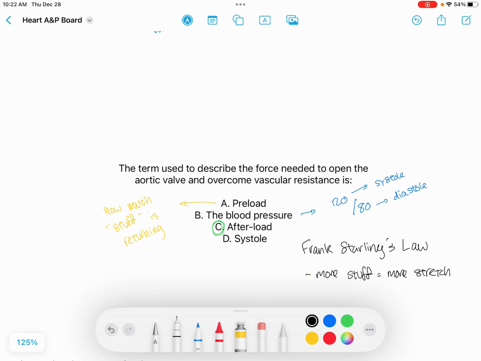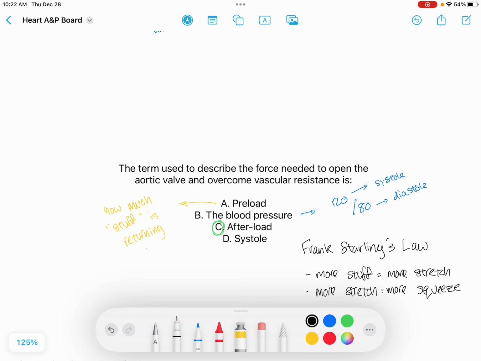And when we have more stretch, we get more contraction or more squeeze. So up until a certain point, the more stuff I'm getting in the ventricles, the harder the heart can beat, and the more force we can use to get that blood through the blood vessels. In essence, it allows us to overcome afterload a bit more.